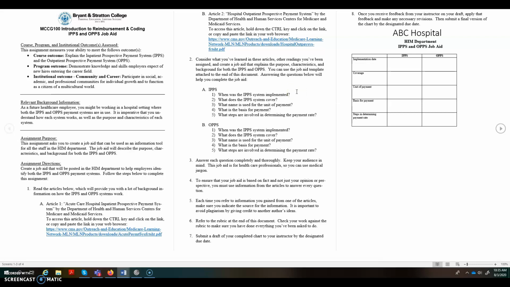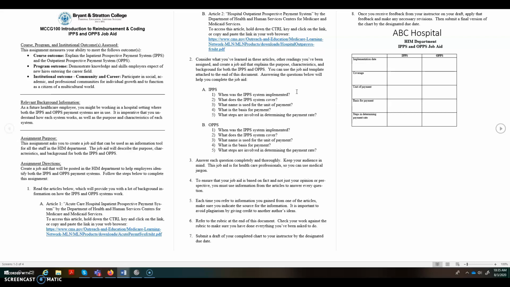The second question is asking what does it cover? So on that, it's asking, is it inpatient services, hospice, outpatient services, emergency room, ancillary? Just what does each system cover? And then what name is used for the unit of the payment.